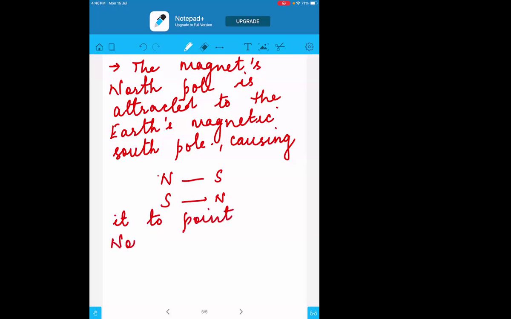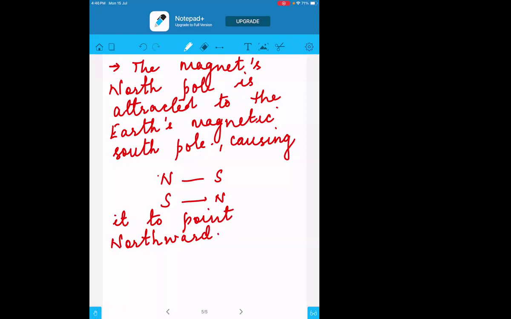Because of this attraction, it starts pointing northwards, and that's the reason the freely suspended magnet comes to the north direction in the rest position.